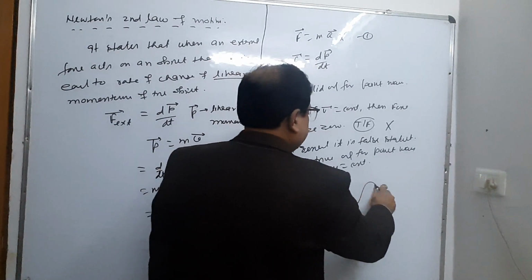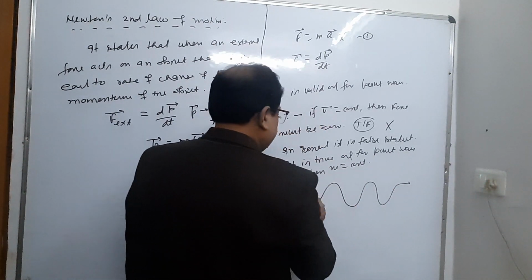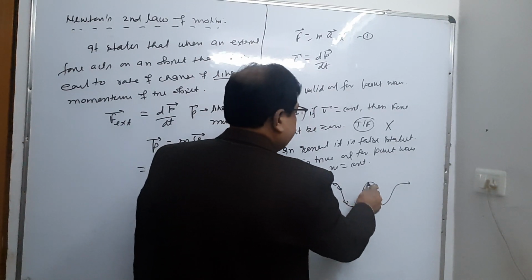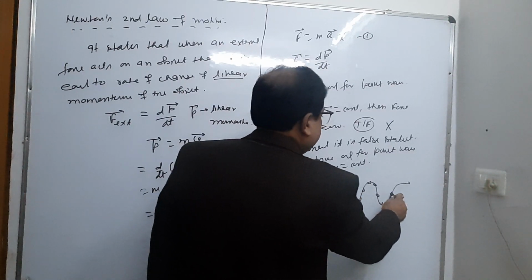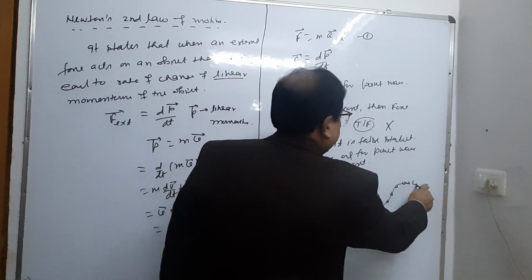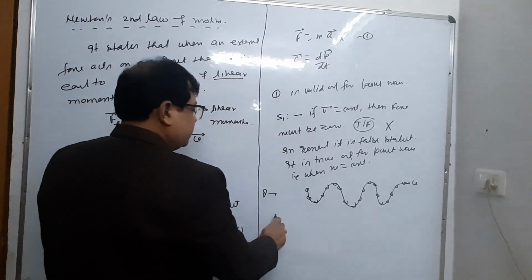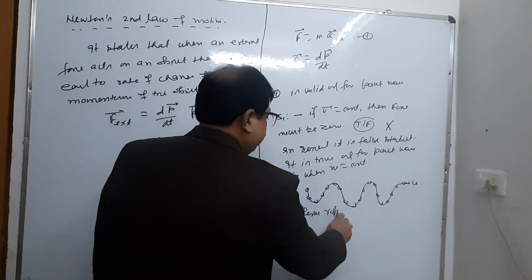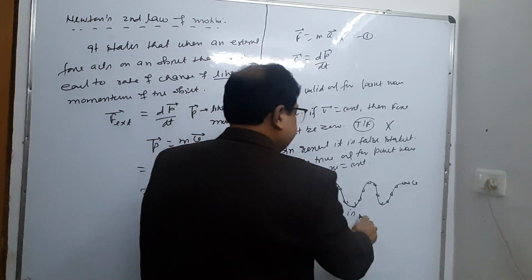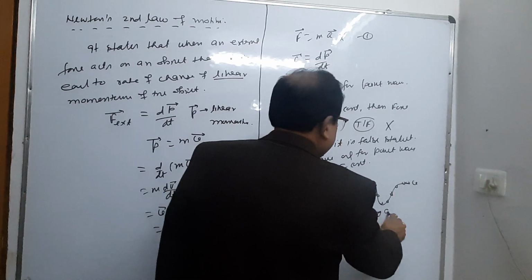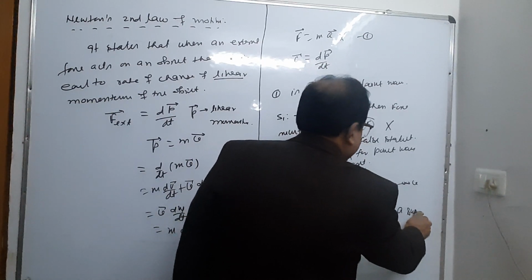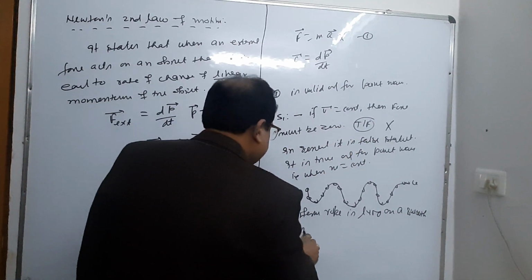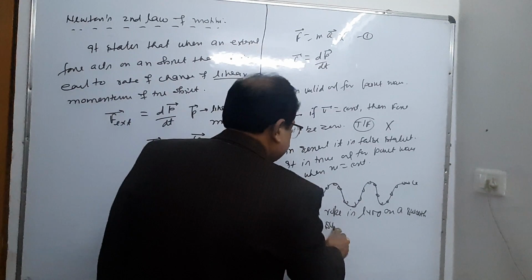Suppose you have a rope. A uniform rope is lying on a smooth horizontal surface.